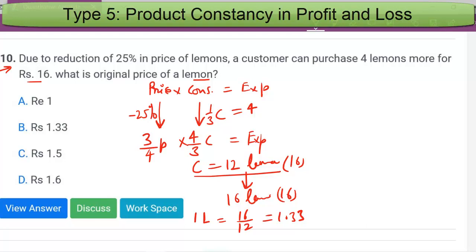And yes, the same thing can also be thought of in a different way, with a similar ratio method. We can call it a ratio method. So for example, if I write price 1 to price 2, the ratio between the earlier and the later price is basically 4:3.